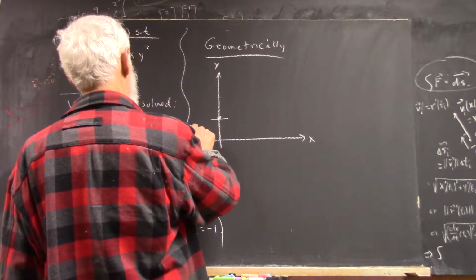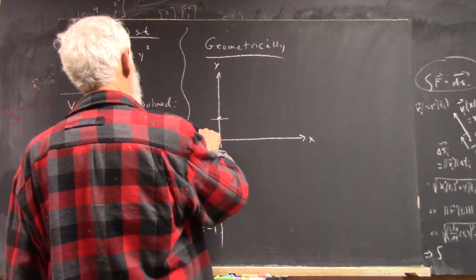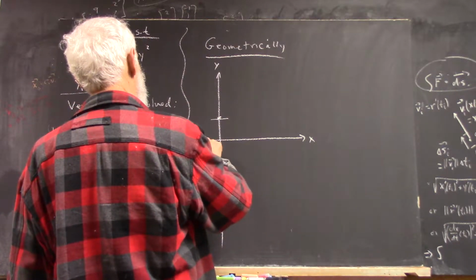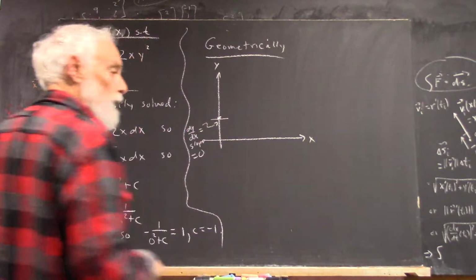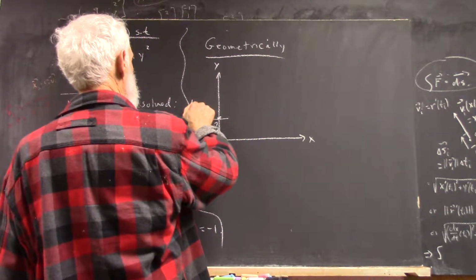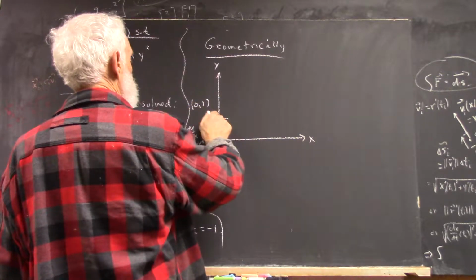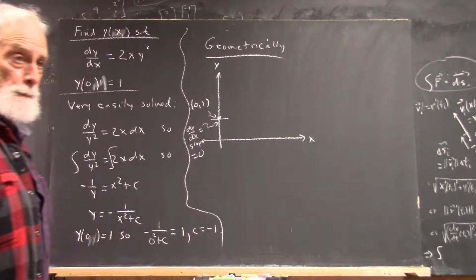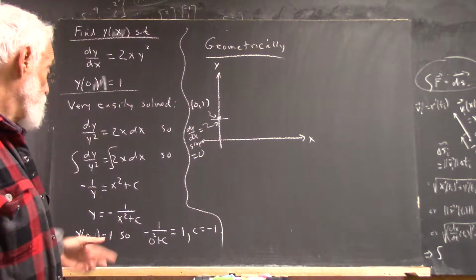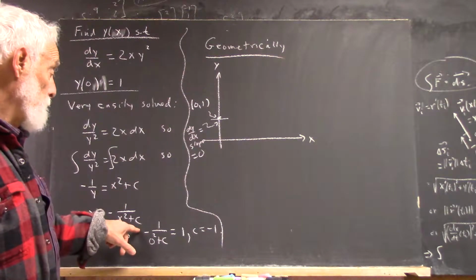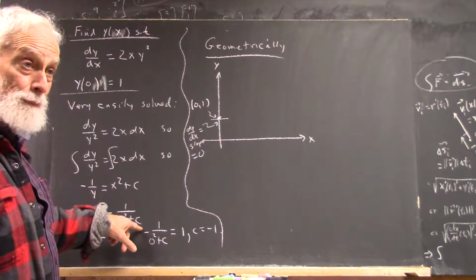So let's say dy/dx equals slope equals 0 at this point (0, 1). Now we can confirm that, because the function is negative 1 over x squared minus 1.